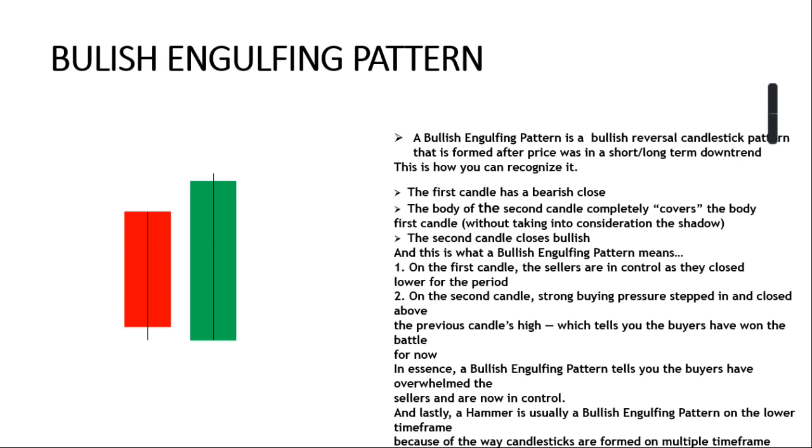In essence, the bullish engulfing pattern tells you that the buyers have overwhelmed the sellers and are in control. And lastly, just like the other two we've seen, we don't just buy after we've seen a bullish engulfing pattern. We wait for confluence. Let's see an example on this one.